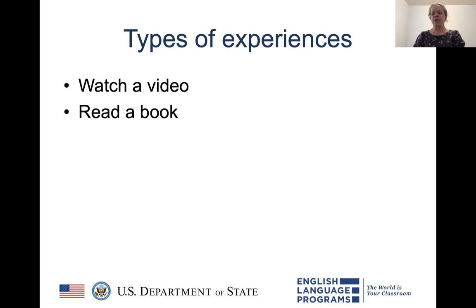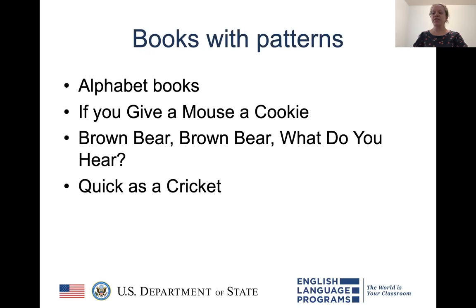Another really common way to share an experience is to read a book. There's lots of different books that you can use. A few of my favorite are books that have strong patterns or repetition in them. So one thing that I've used before is alphabet books.